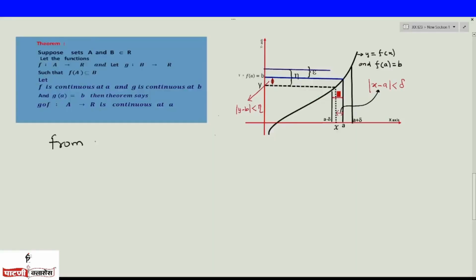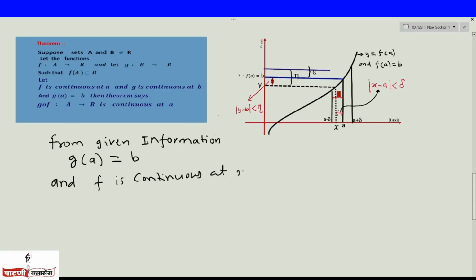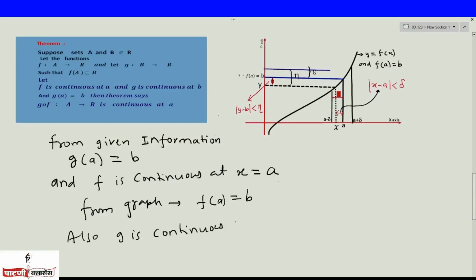From the given information, g of A equals B, and f is continuous at x equals A. From the graph, here is A and here is B, which implies f of A equals B. Also, g is continuous at B, where g of B equals f of A.